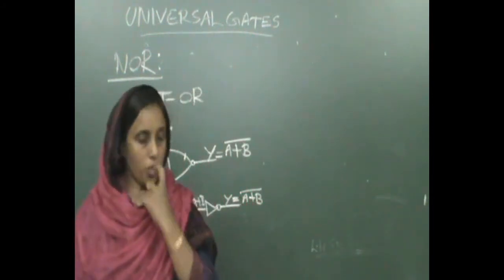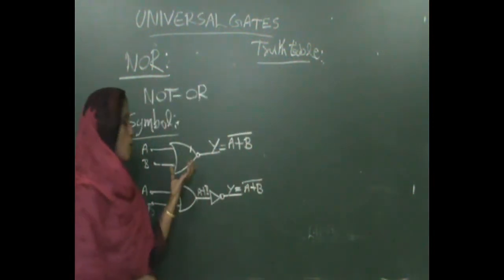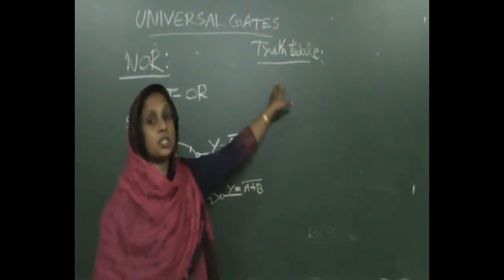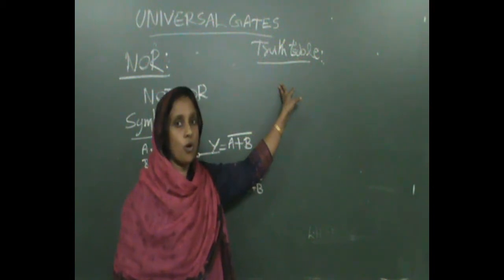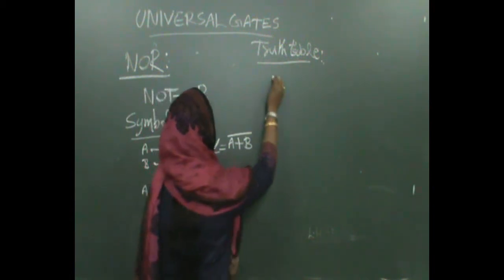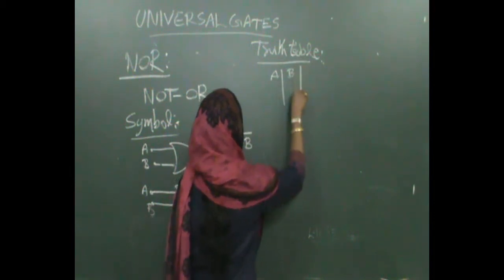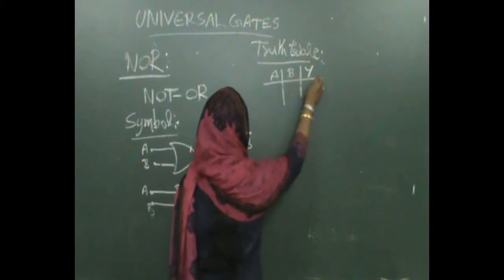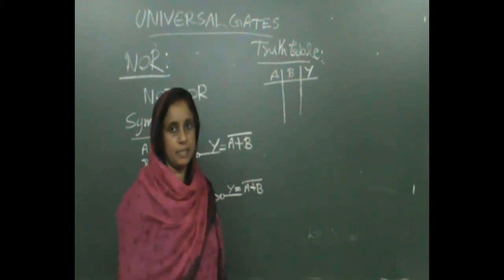Okay, NOT OR truth table. Since this NOR gate has two inputs, your truth table has two squared rows, or four rows. So A and B are the inputs and Y is the output. Now we can write the four combinations here.